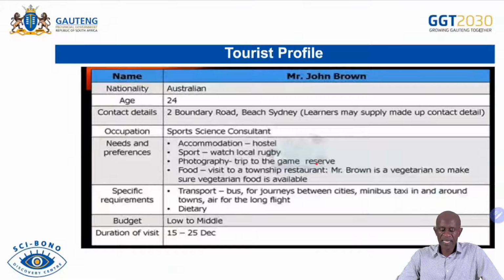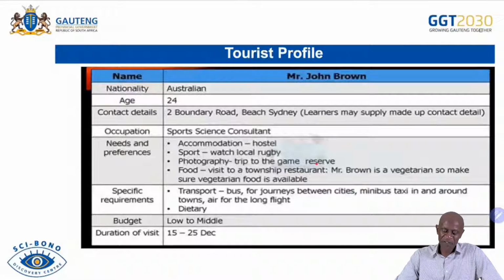The occupation is important because it gives you an idea as to the type of tour that you can plan for Mr. Brown, whether he can afford it or not. So occupation forms a critical aspect of the tourist profile.